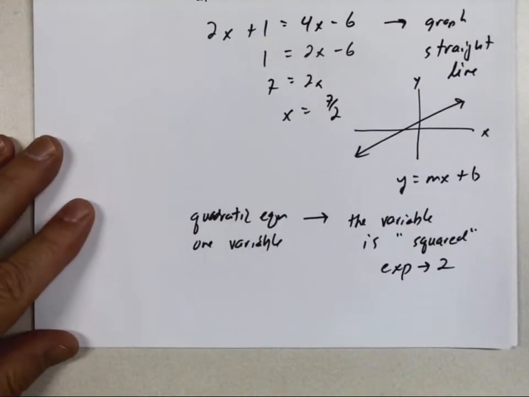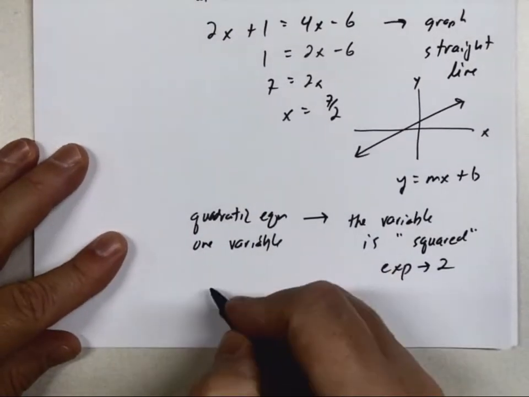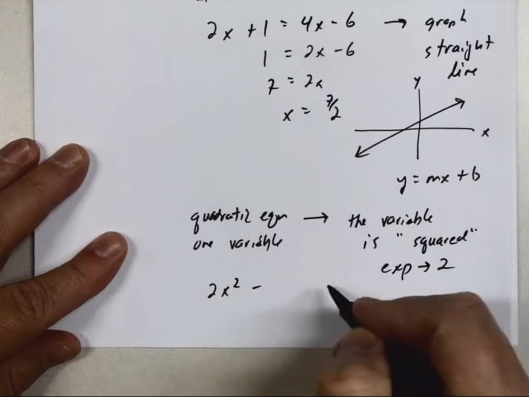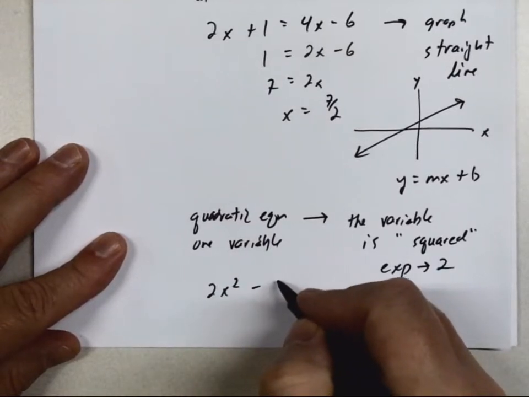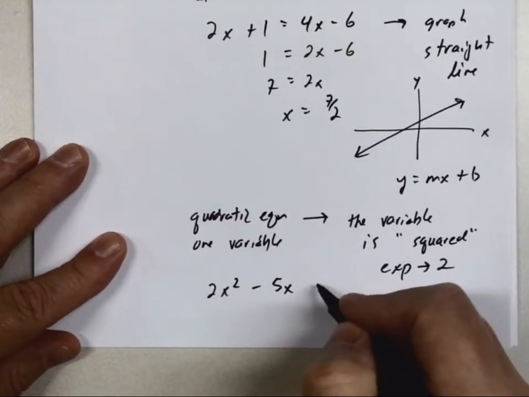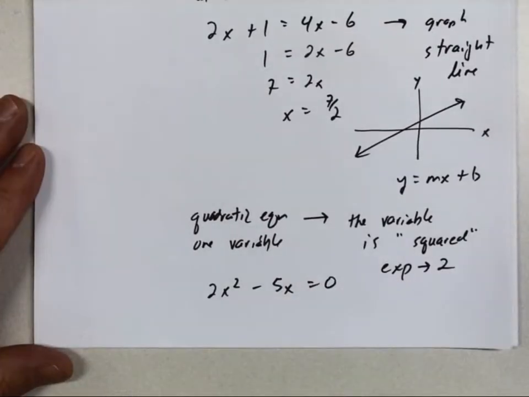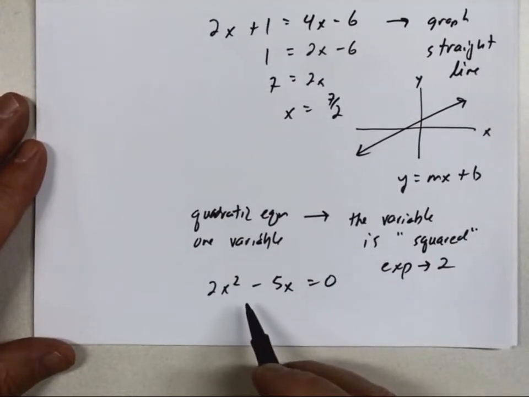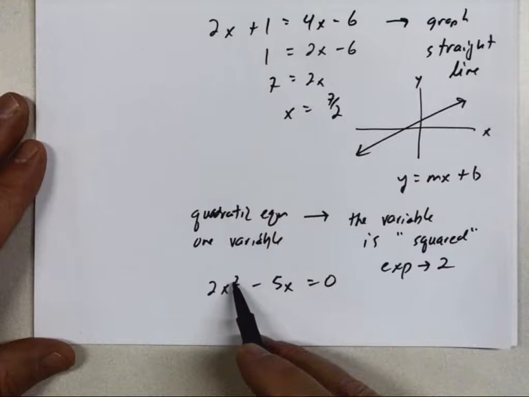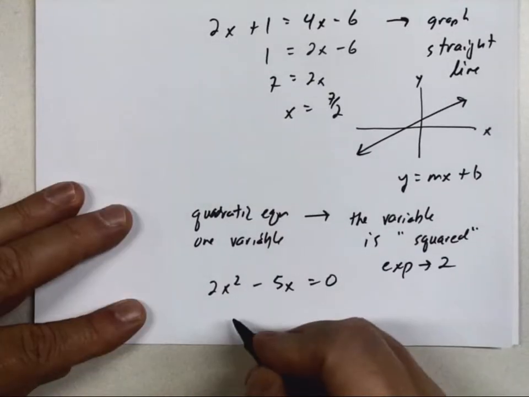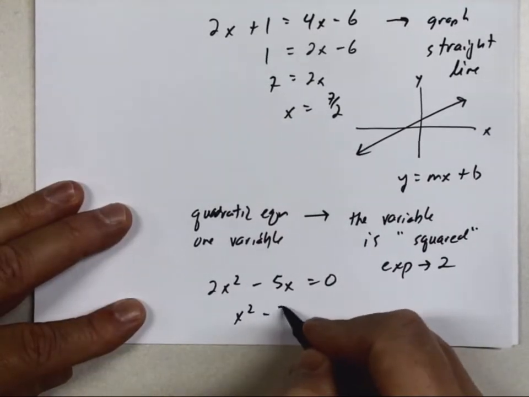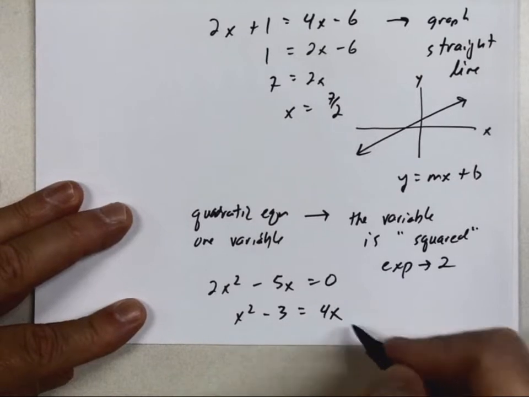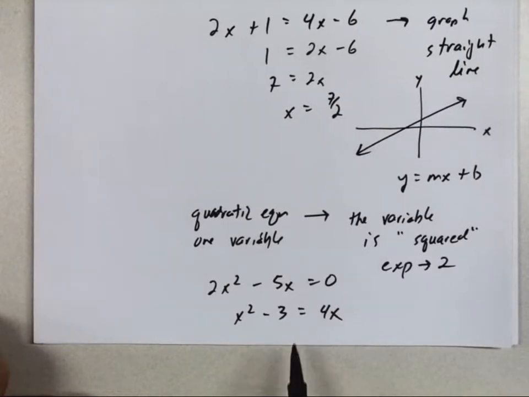So, just some random examples of quadratic equations. It's a quadratic because the variable is squared here. Here's another quadratic equation, the variable squared.